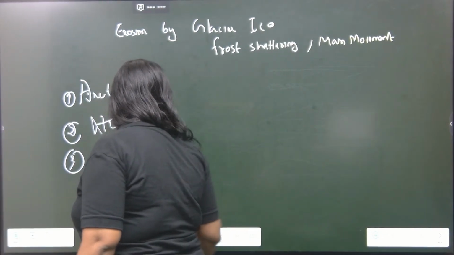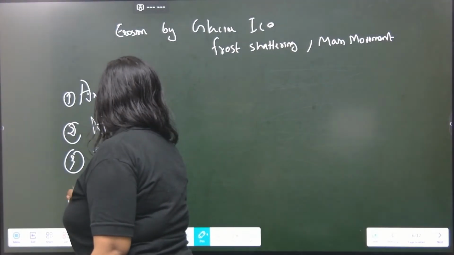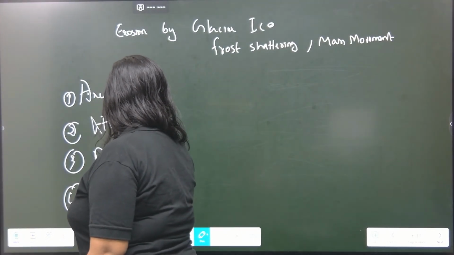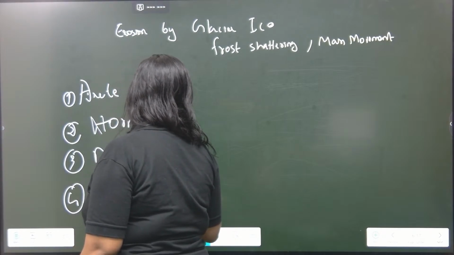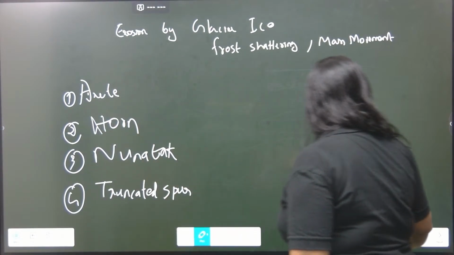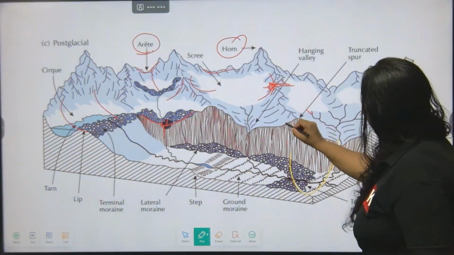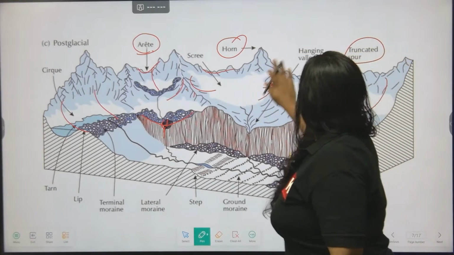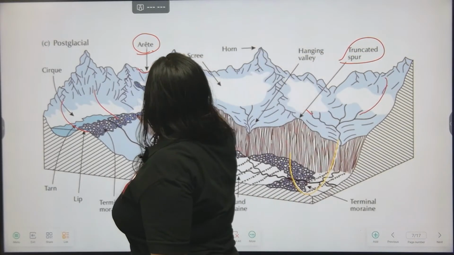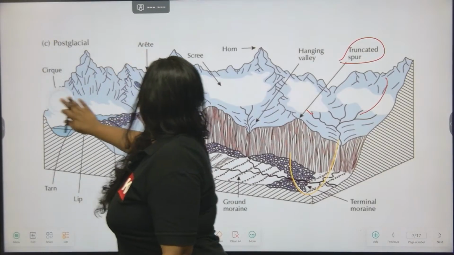The fourth one is a truncated spur. You can see over here, this is a truncated spur. Truncated spurs are simply the valley side, a triangular shaped ridge.